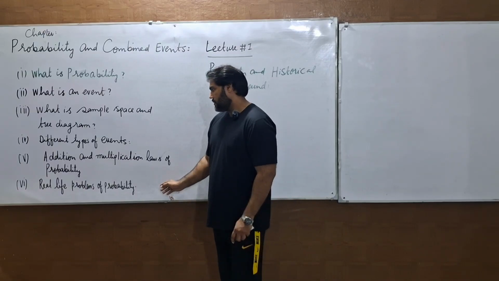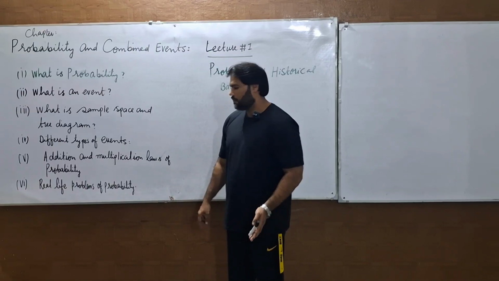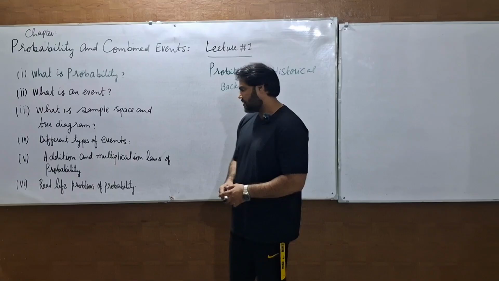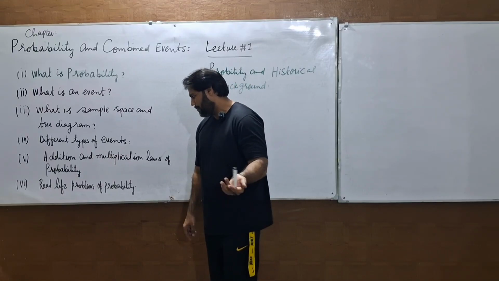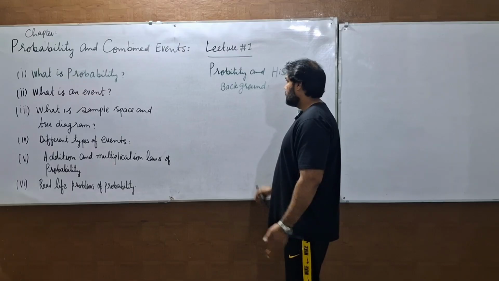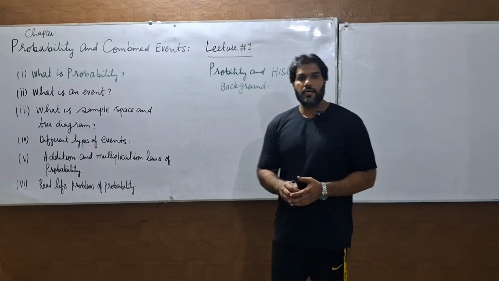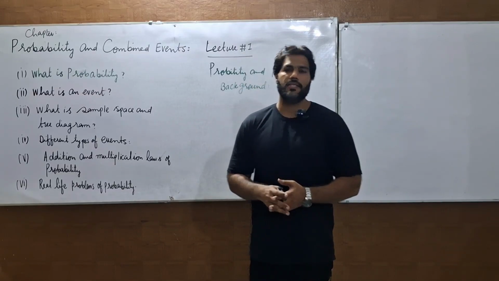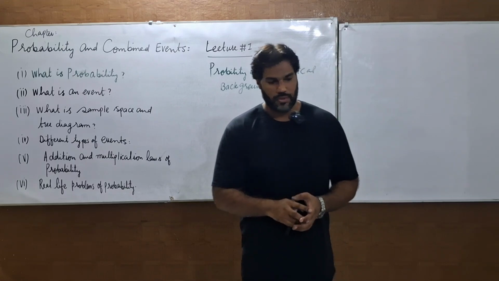The fifth one is addition and multiplication laws of probability, and the last one we will discuss real life problems of probability. In lecture number 1, we will just discuss the basic concept of probability and its historical background.